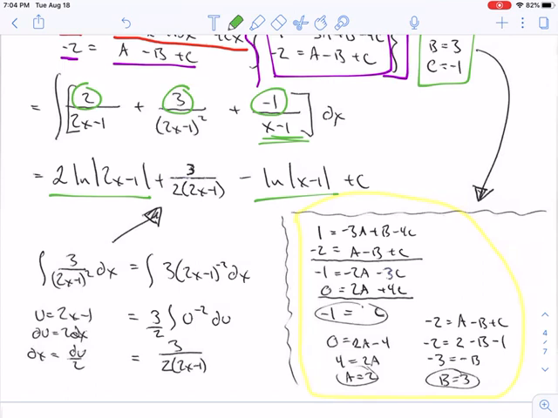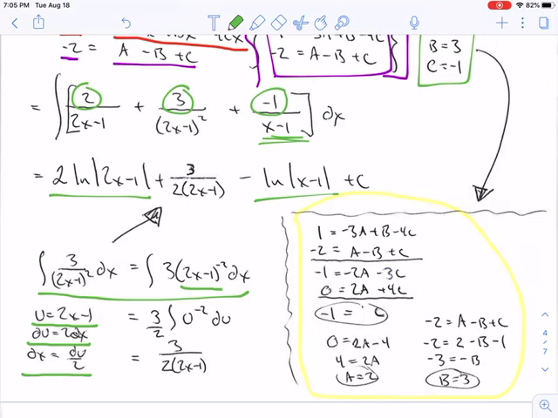Because you have the 2x minus 1 squared. So I did that down here. Let u be equal to 2x minus 1. du is equal to 2 dx, or dx is equal to du over 2. And then by just rewriting this so that it looks like this, you can bring that 2x minus 1 squared up to the numerator, make it 2x minus 1 to the negative 2.